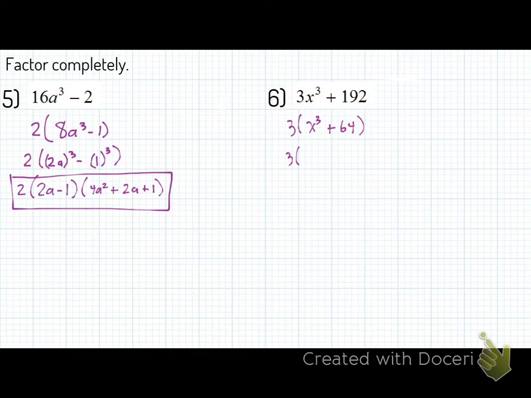We got x cubed plus 4 cubed. It's fitting our first model, so we got x plus 4, close parentheses, open parentheses, x squared minus first term times the second term, 4x, plus the last term squared, which is 16. Can't do anything else, that's your answer.